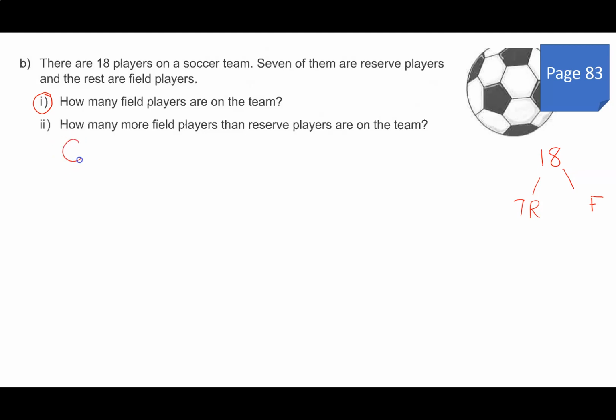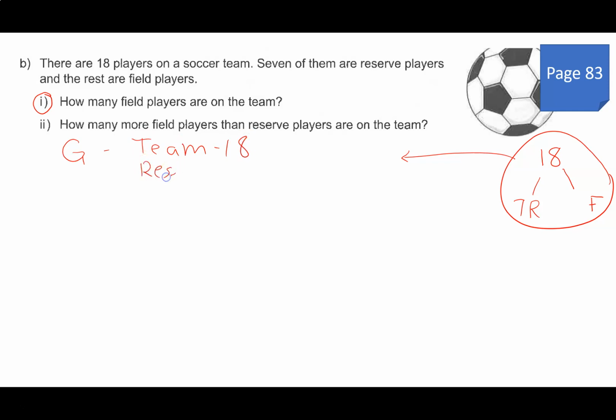All right, let's write down our first letter of GRASS, given. You know what? I think I could just move this diagram over to my given information, or if you prefer just to write words, you could write team 18, reserve.